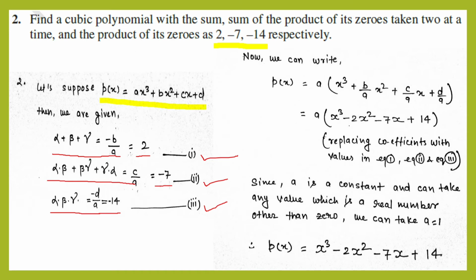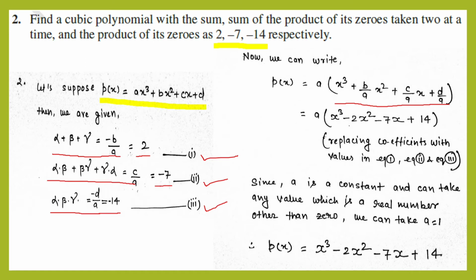Now, taking a common from the p of x, we can write a small braces open x cube plus b by a x squared plus c by a x plus d by a.